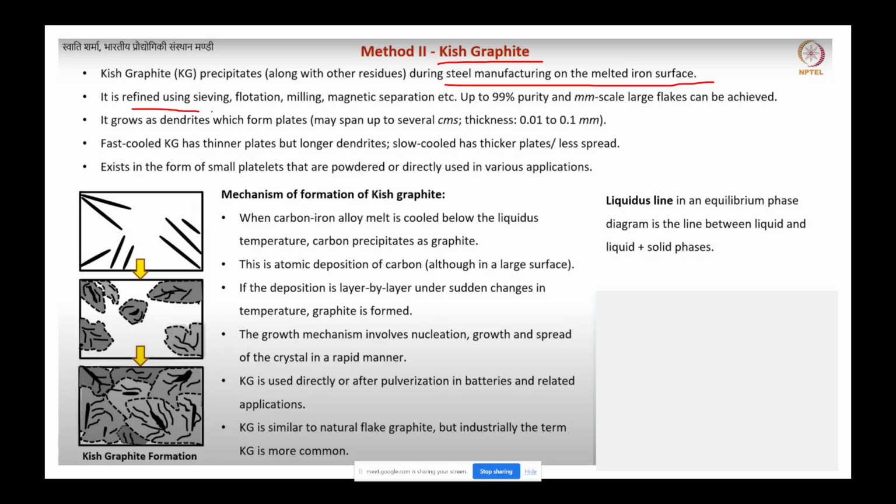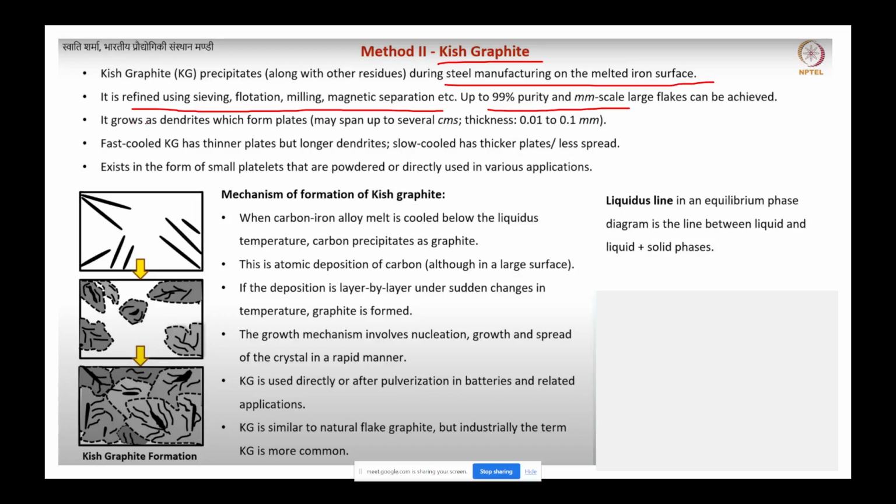It is refined using sieving, floating, milling, and magnetic separation. This kind of separation or beneficiation process I discussed in the last lecture. Up to 99% purity and scale of the flakes we can achieve from this process.